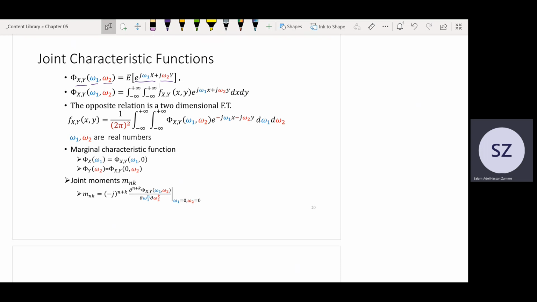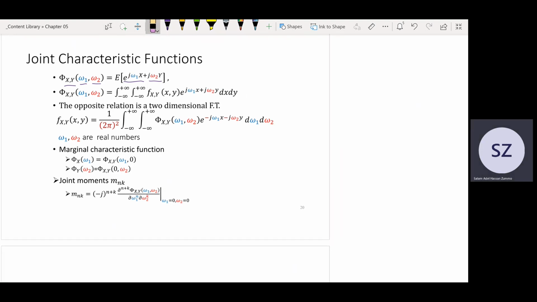Here we have two exponents, and if you look at it, it will be the PDF multiplied by the exponential of the two values.